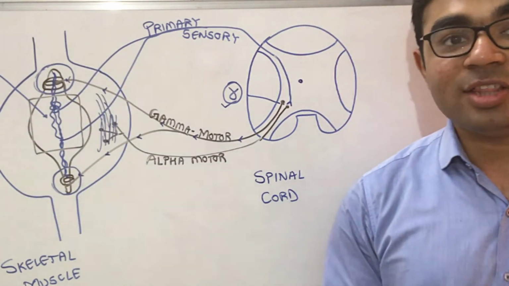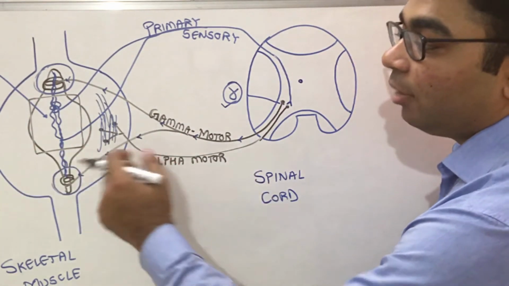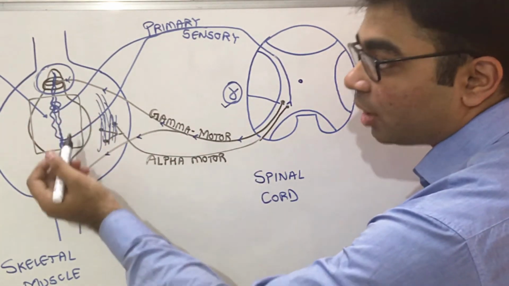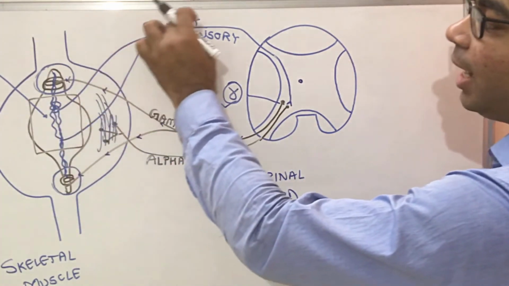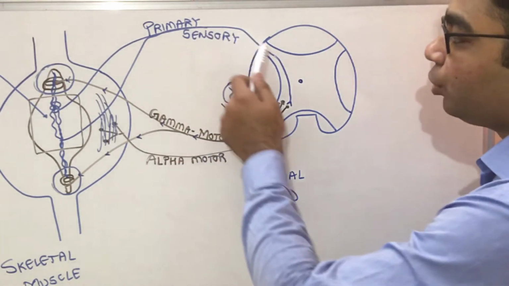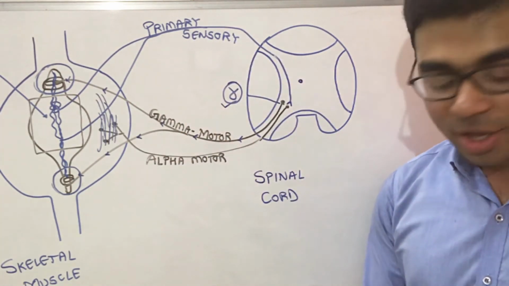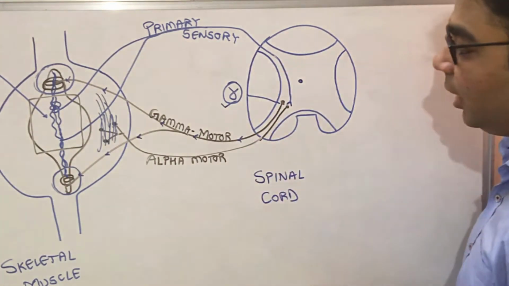Now the alteration in the length detected by those intrafusal muscle fibers will discharge some sensory impulses, which travel through the primary and the secondary sensory neurons and reach the posterior gray horn of the spinal cord. From here they reach the alpha motor neuron present in the anterior gray horn.